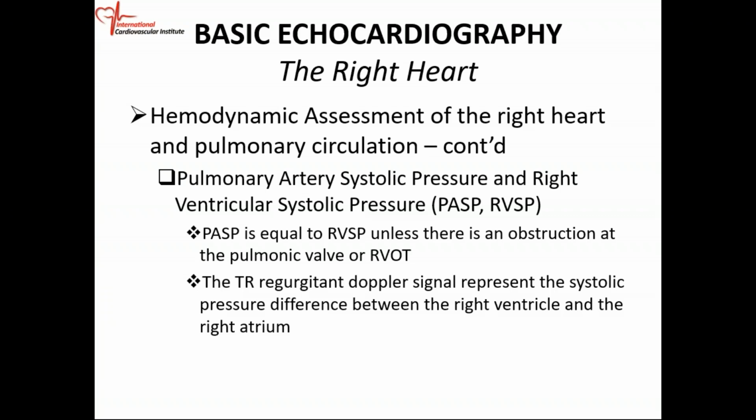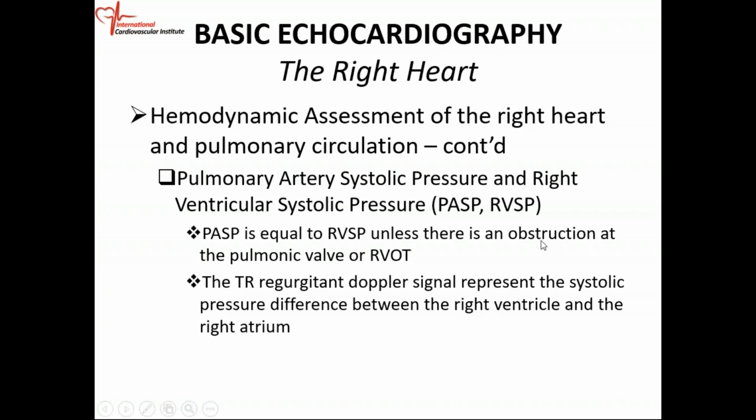So, how do we determine the pulmonary pressures? Because remember, measurement of pulmonary pressures is very important because it's going to tell you if the patient has pulmonary hypertension and how significant the pulmonary hypertension is.